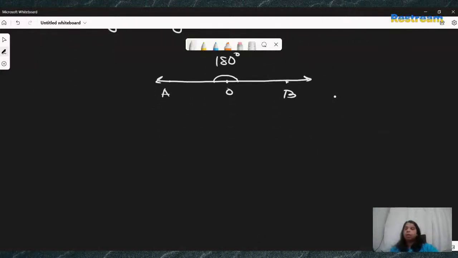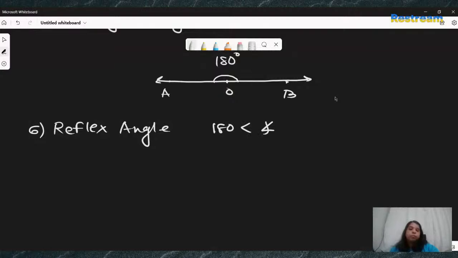Then we have something called a reflex angle. Now a reflex angle is from 180 degrees to 360 degrees. So it is greater than 180, but smaller than 360 degrees.